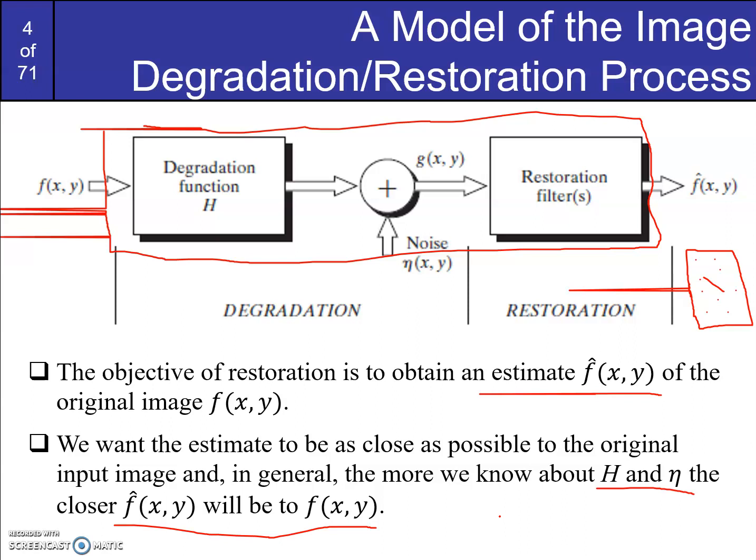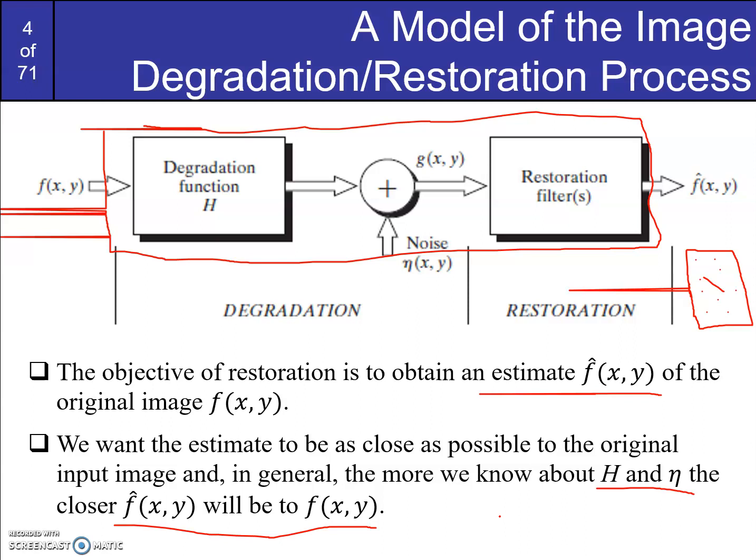That is the analogy I told you: the more that person knows about how the earthquake destroyed it, and similarly the more you know about H and N, the closer f hat x comma y will be to f of x comma y, right?